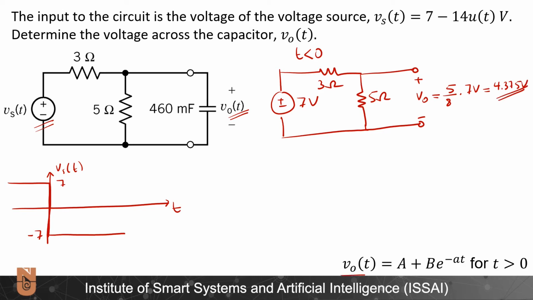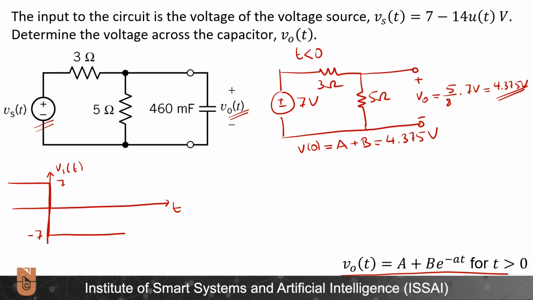Now, in the general solution form, V0 will be equal to A plus B, because e to the minus at will be e to the 0, which is 1.